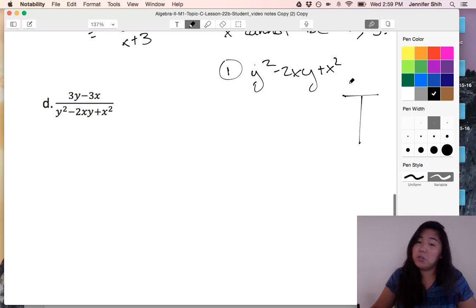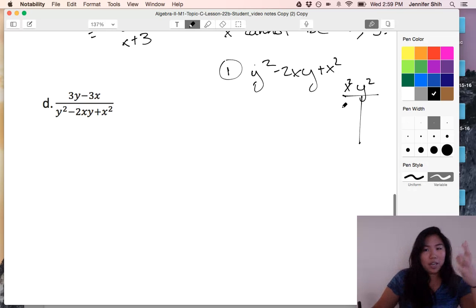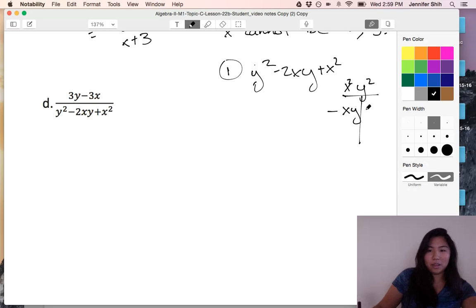I'm going to try this. I have x squared and I have y squared. And you don't have to do it this way, but I'm just thinking it. I'm trying to use tools that we already know so that I can attack this problem. I need factors of x squared, y squared that add up to negative 2xy. So what if I did negative xy and negative xy?